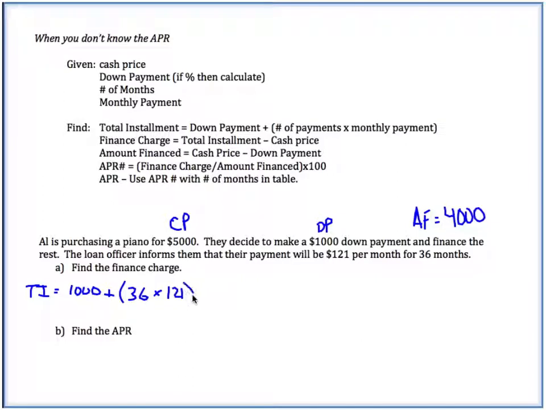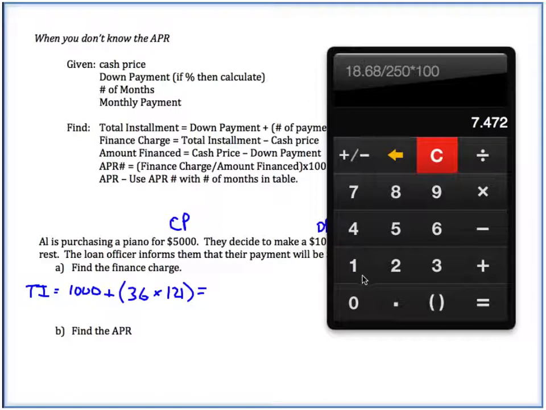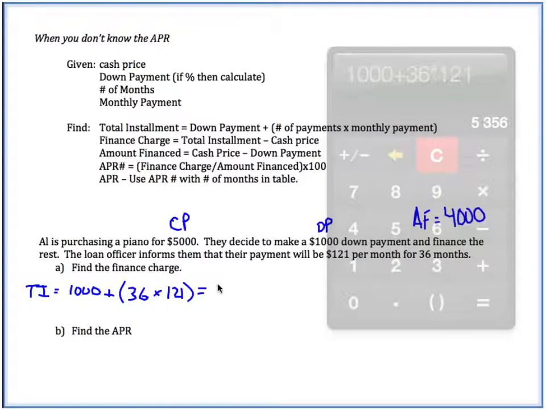So let's go ahead and get that figure now. So we could do 1,000 plus 36 times 121. And so the total installment is $5,356.